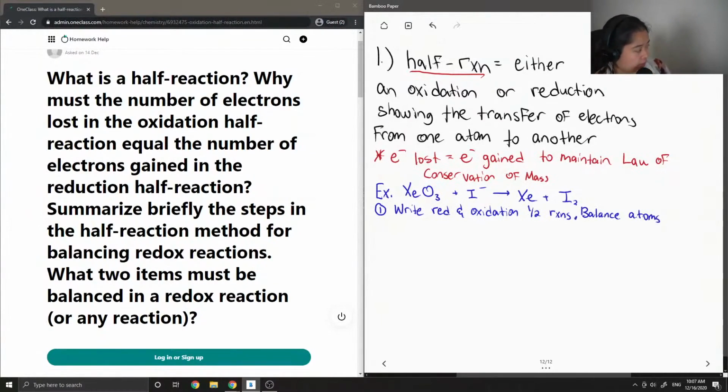Okay, so the reduction reaction would be this xenon.